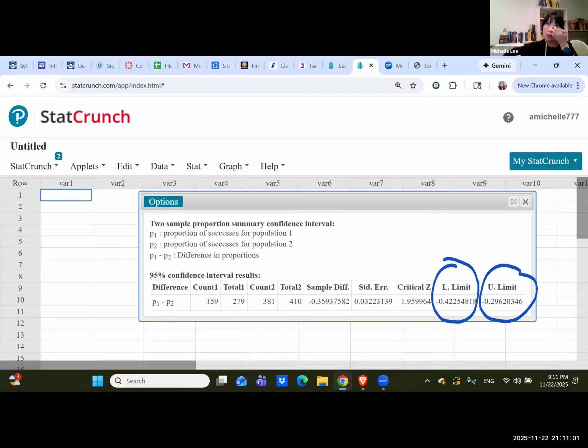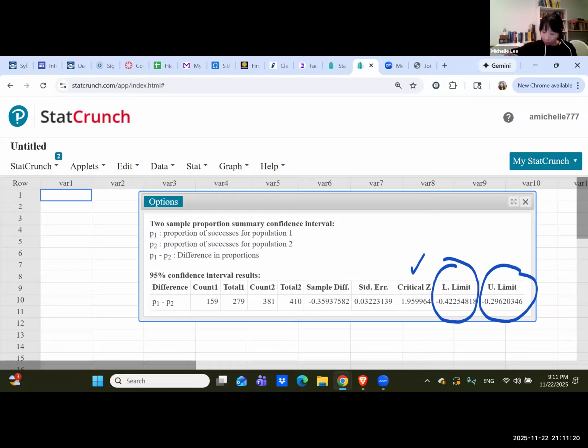The lower limit and upper limit are the same. So by hand we get the same too, right? Okay.